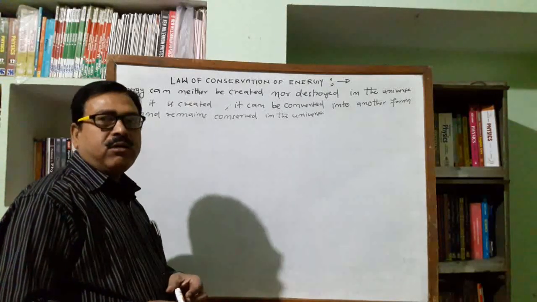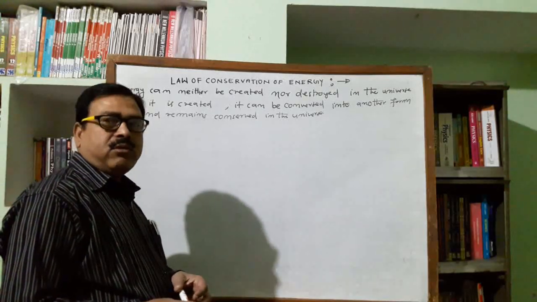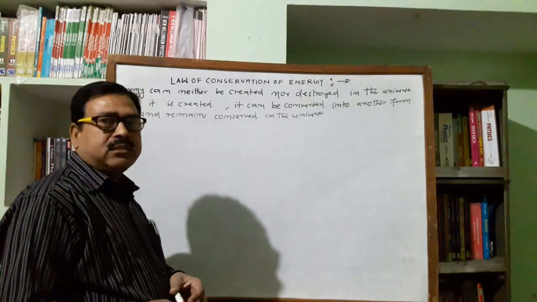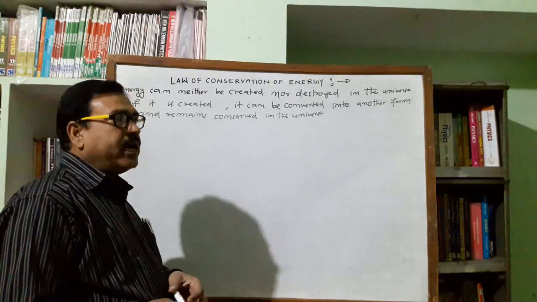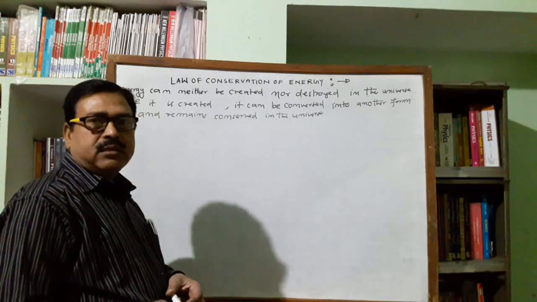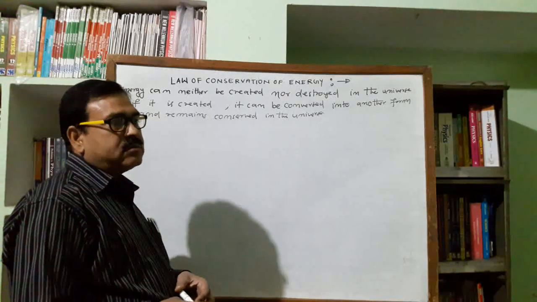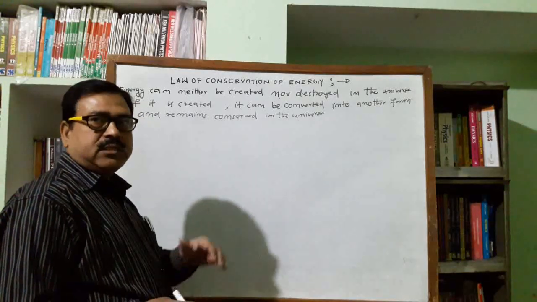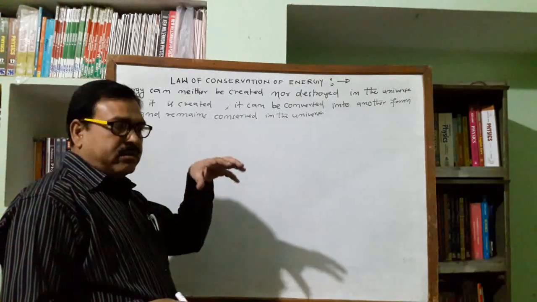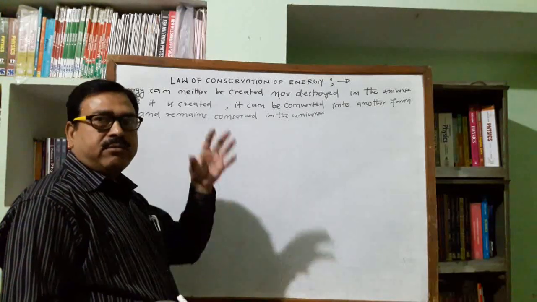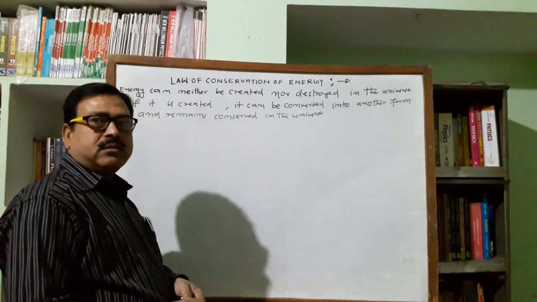So during free fall of the object, we will calculate the total energy of the object at three different points. One, the point from where the object starts to fall freely under the control of gravity.